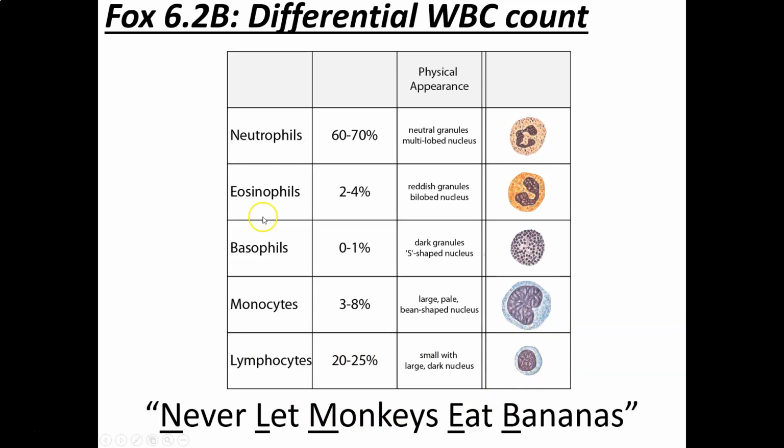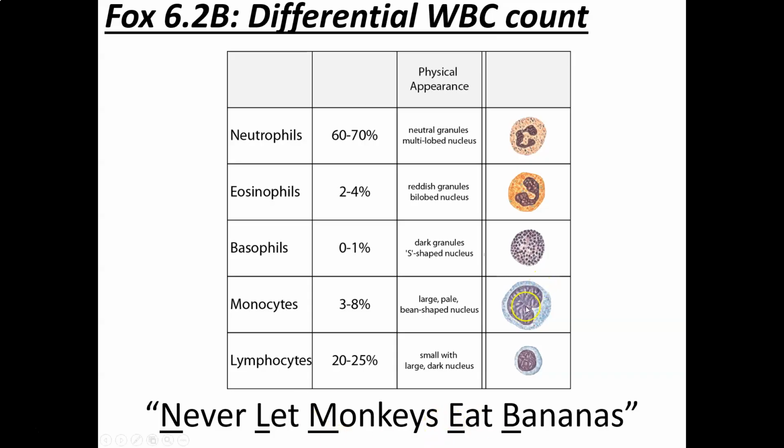So an old mnemonic that kind of helped you go from the most to least numerous was never let monkeys eat bananas, which is the first letter of each one of those. So going from most to least numerous: neutrophils, lymphocytes, monocytes, eosinophils, and basophils.